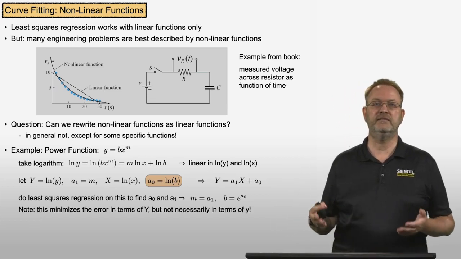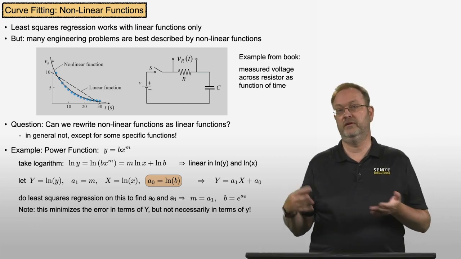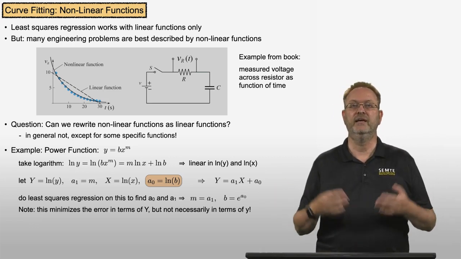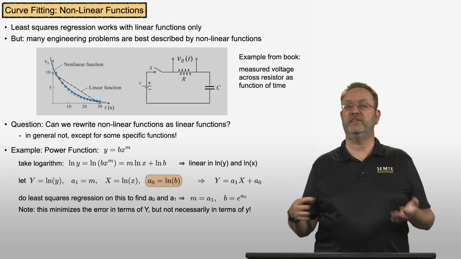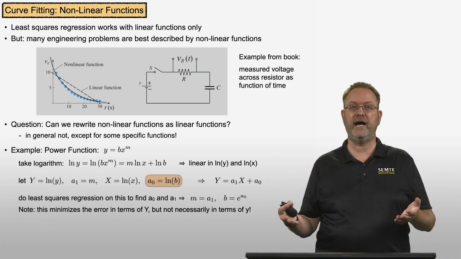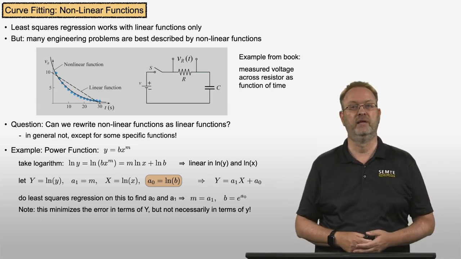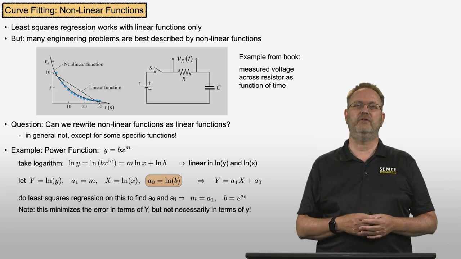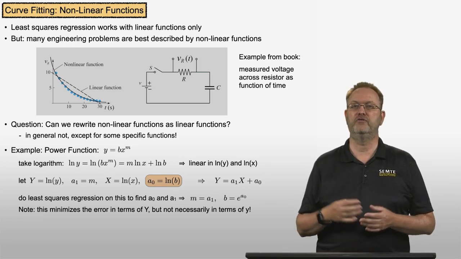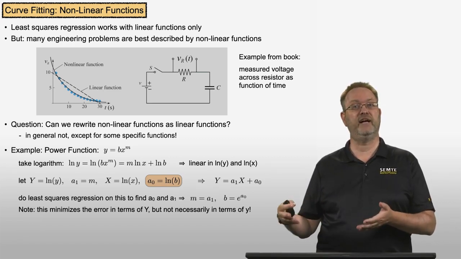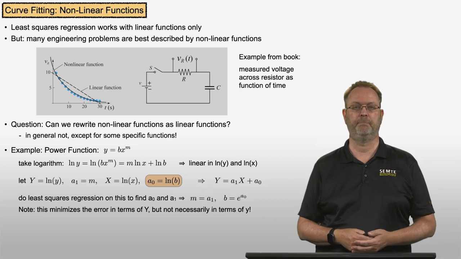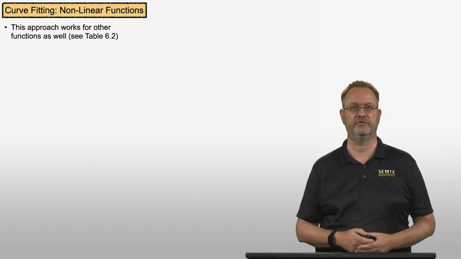Okay, note, this minimizes now, with linear least squares regression, the error in terms of the uppercase variable Y, because I'm applying linear least squares regression, minimizing the error on the linear form. This does not necessarily, however, minimize the error in terms of the originally measured value lowercase y. It's just a little caveat on this.